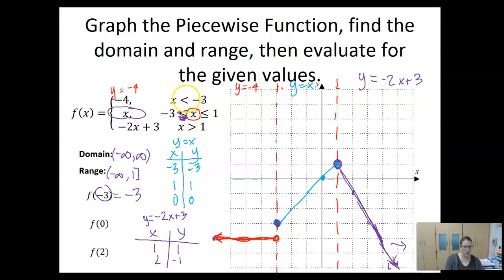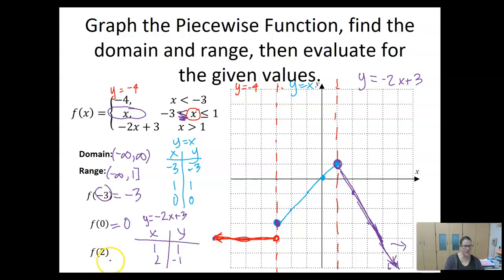So make sure you're looking up here, though, and don't rely on your graph. Try to find which interval the x value that's given is in, and then plug it in the corresponding function. So when x is 0, 0 is less than 1 and greater than -3. So again, it would be this middle function. So just plug in 0 right here, which means y equals 0.